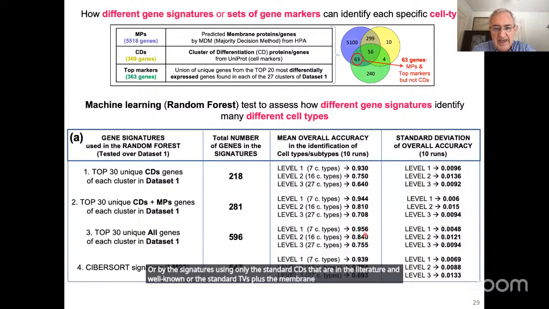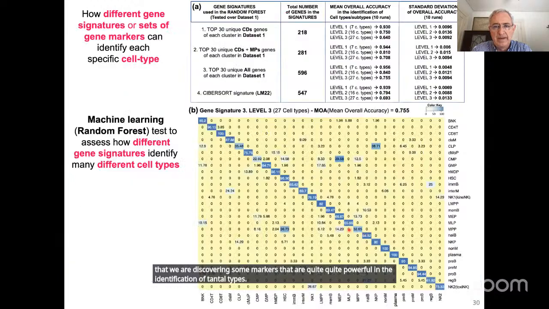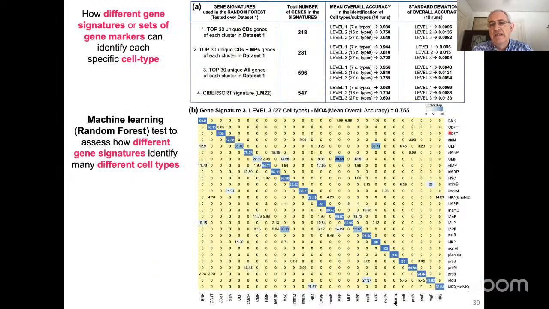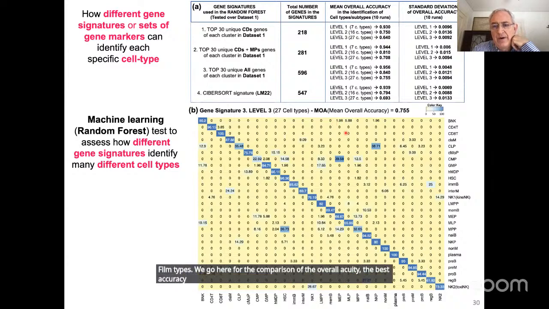So this indicates that we are discovering some markers that are quite powerful in the identification of some cell types. And even we can say of these 17, here's the case for 27 cell types. We go here for the comparison of the overall accuracy, the best accuracy provided by our method, and you see the identification of all the different cell types that we identify.